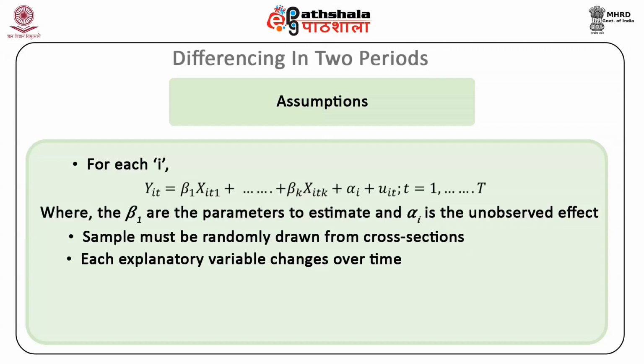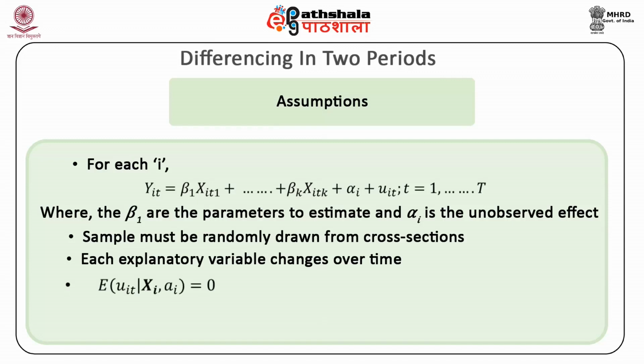Our fourth assumption is that for each t, the expected value of the idiosyncratic error given the explanatory variables in all time periods and the unobserved effect is 0. In other words, expected value of u_it given X_i and alpha_i is equal to 0.